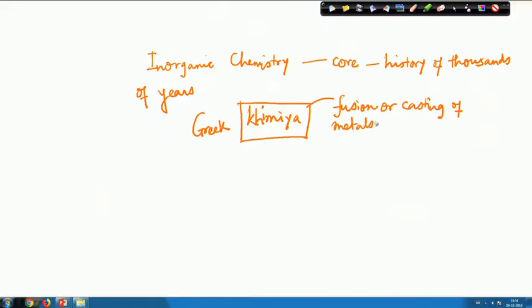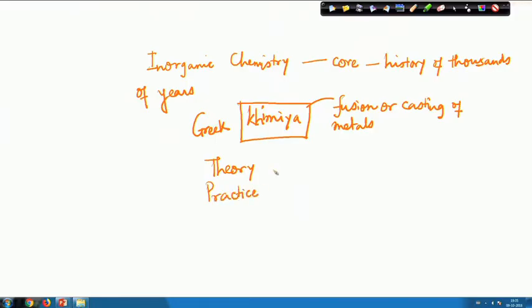If we consider certain metals and the fusion reaction or casting between those metals, which the Greek people termed chemia, from that we developed that particular branch of science which is known as chemistry, and one part of that is inorganic chemistry, which deals with both theory and practice.